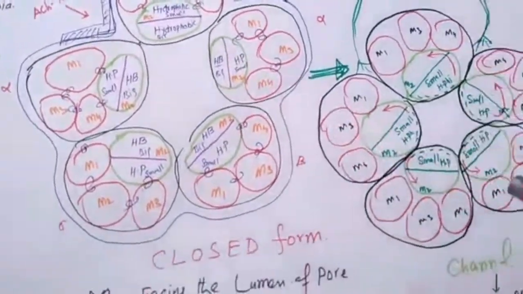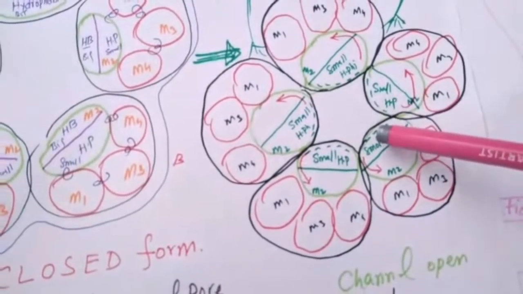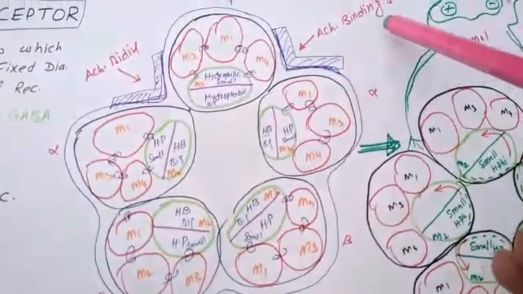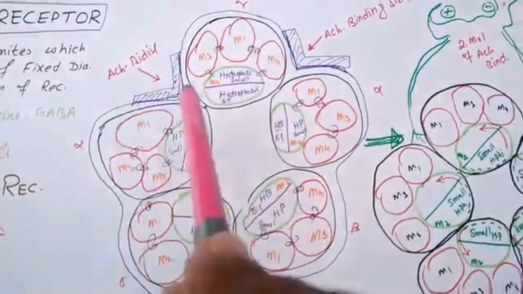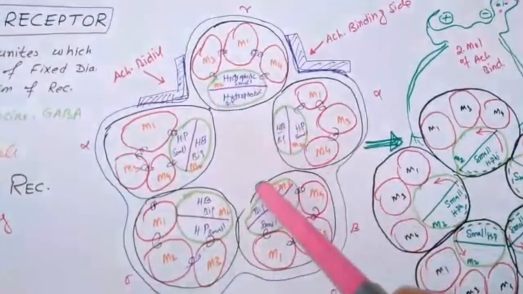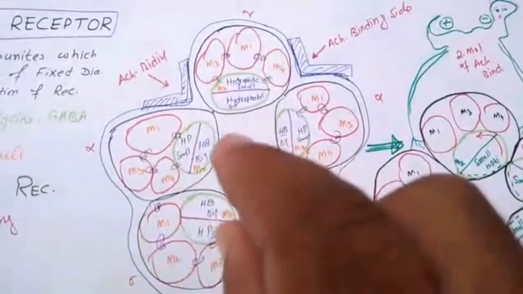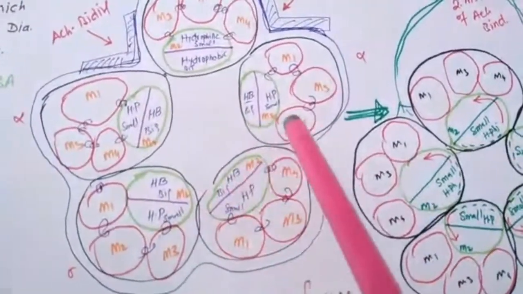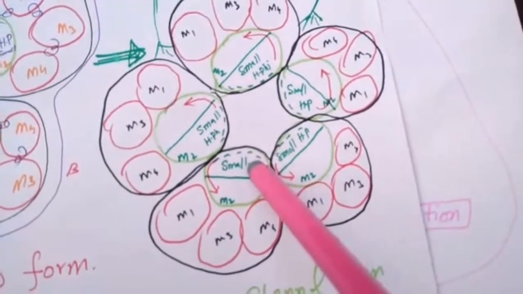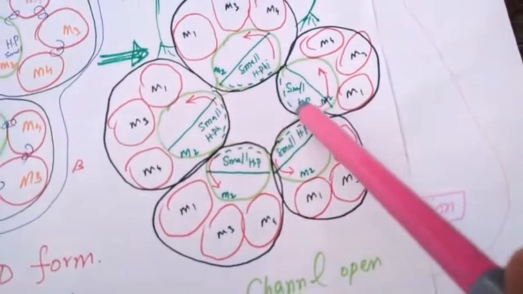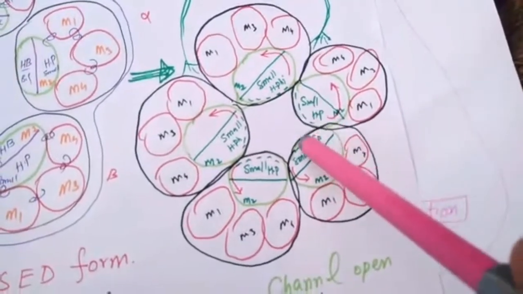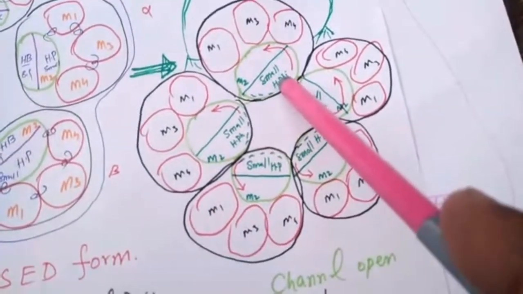They will twist in such a way that the small hydrophilic parts are now facing the lumen. Look, after twisting, once acetylcholine binds here, this chemical binding compels these M2 subunits to twist in such a way that the small hydrophilic part of the M2 subunit is now toward the lumen, and these small hydrophilic parts are negatively charged.